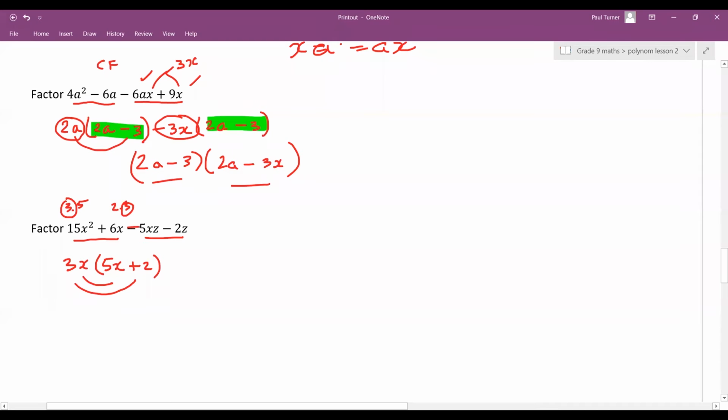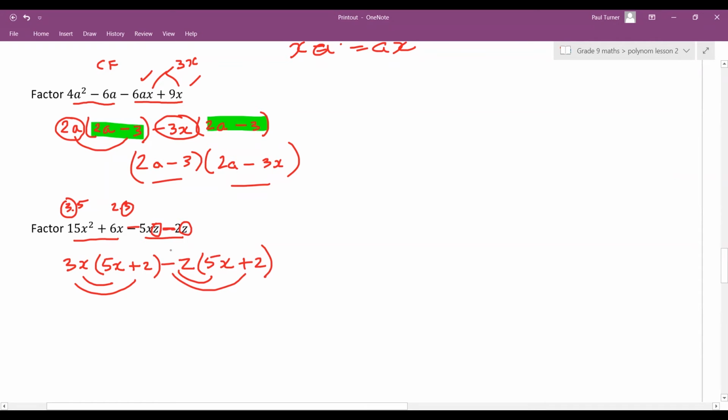Put your sign in, which is minus. Now here, there's no number common factor, but z. In this case, z would be your common factor. You would be left with 5x. And even though this is negative, this will have to be plus, because when you expand, you'll get negative come back here.